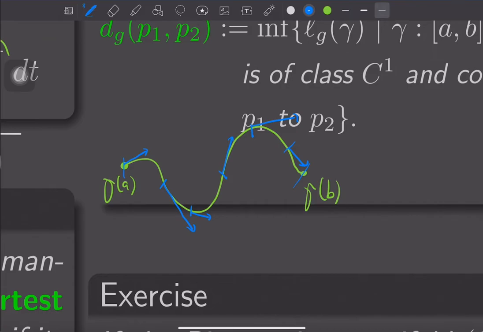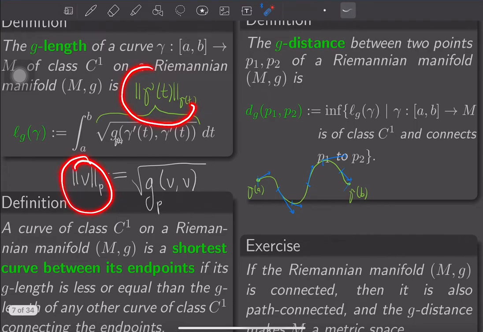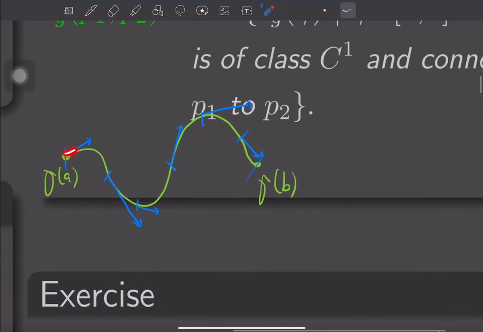Then you measure this one, take the norm of this vector, and this vector. But it's the norm according to the Riemannian metric. So in the hyperboloid, this would be the norm according to Minkowski's form.